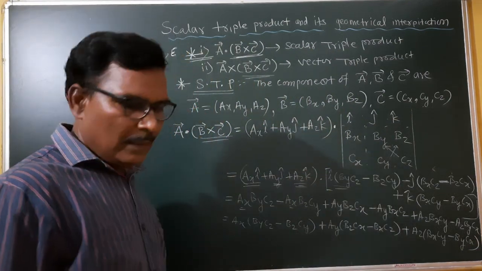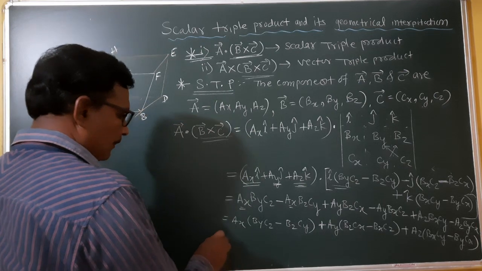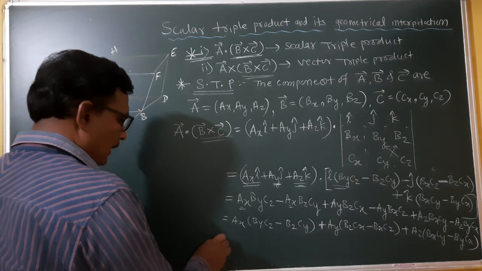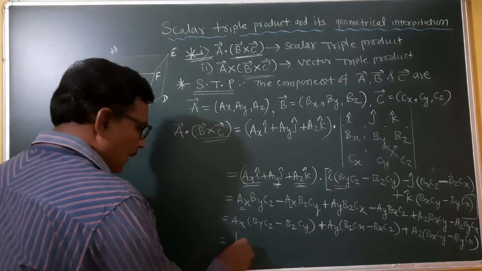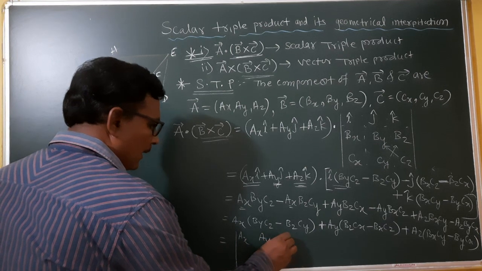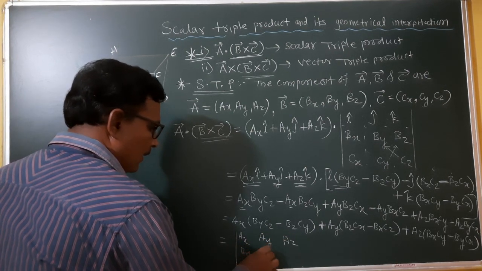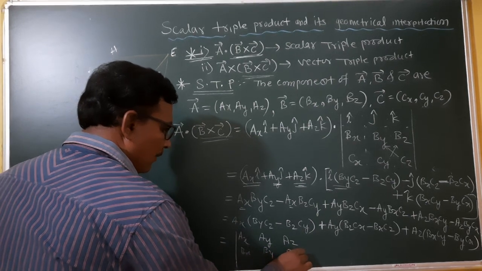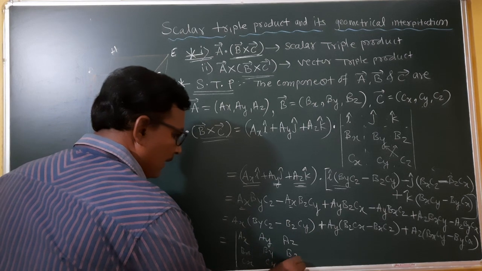This can be written as the determinant with rows ax ay az, bx by bz, cx cy cz.